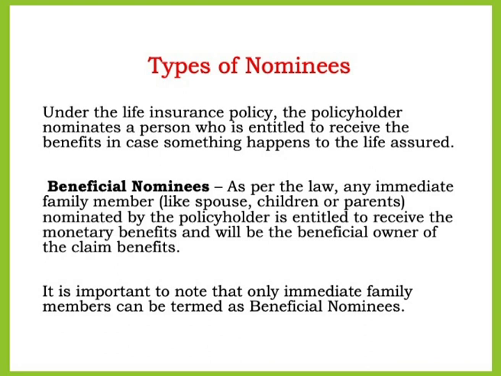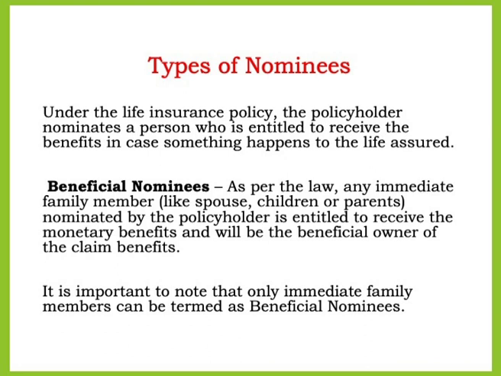Now, basically under life insurance, the process of nomination is very popular, where the policyholder will nominate a person who is entitled to receive the benefit in case something happens. Under this, you have different types of nominees. The first type is a beneficial nominee.